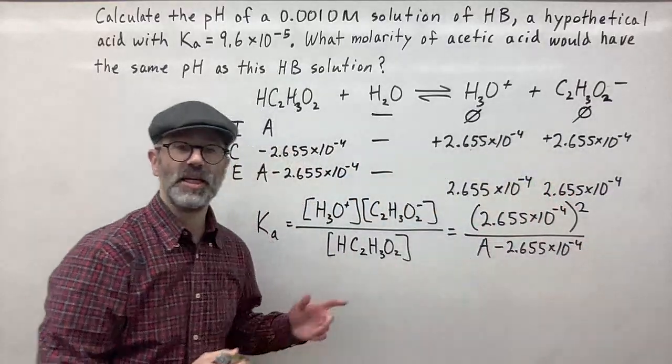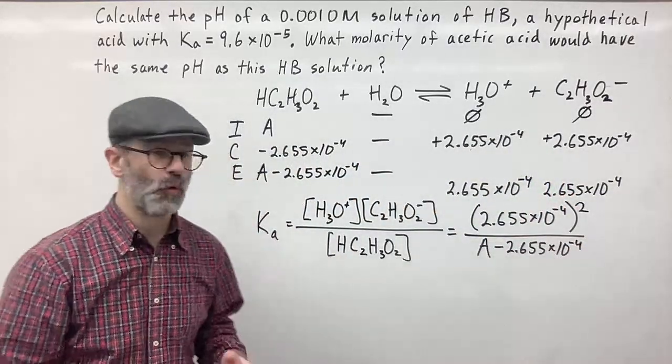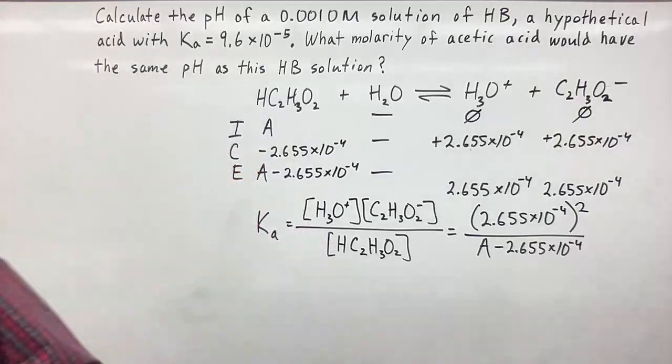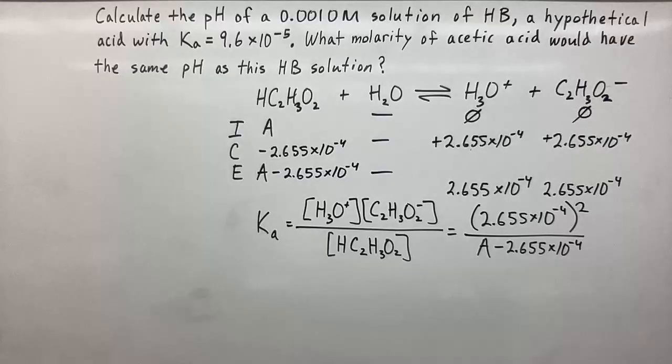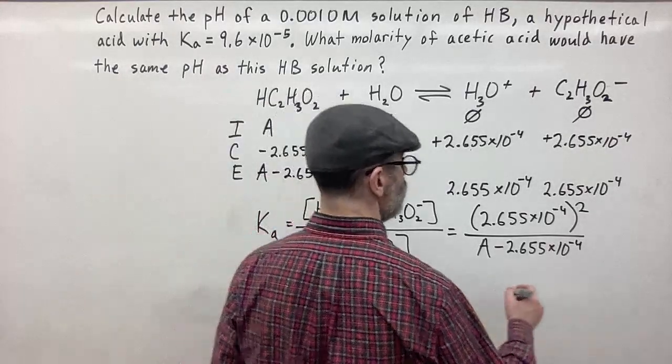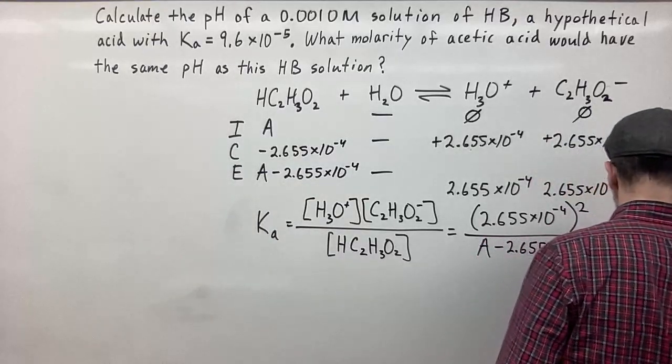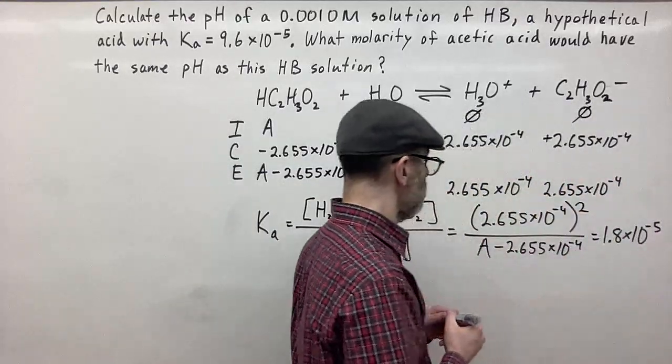And then that's going to be equal to the Ka value for acetic acid. And that's something you could look up in a table. So if we look that up, we get 1.8 times 10 to the negative 5. So this is equal to 1.8 times 10 to the negative 5.